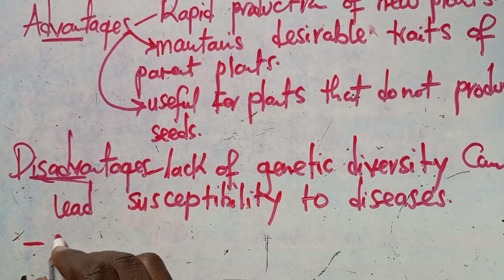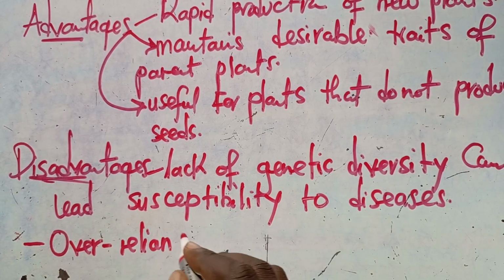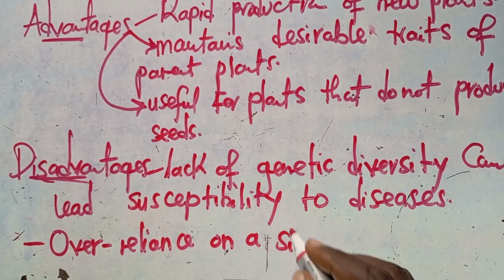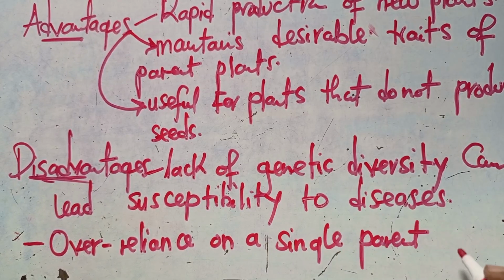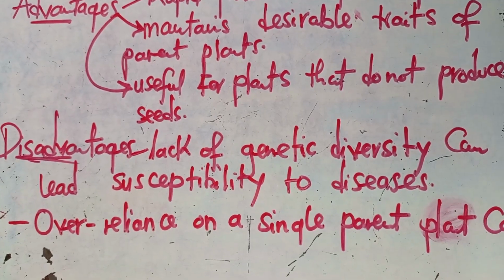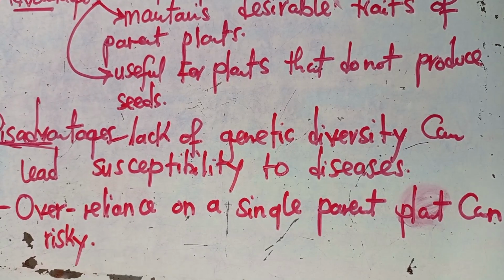Over-reliance on a single parent plant can be risky. So this lesson was just on vegetative propagation.